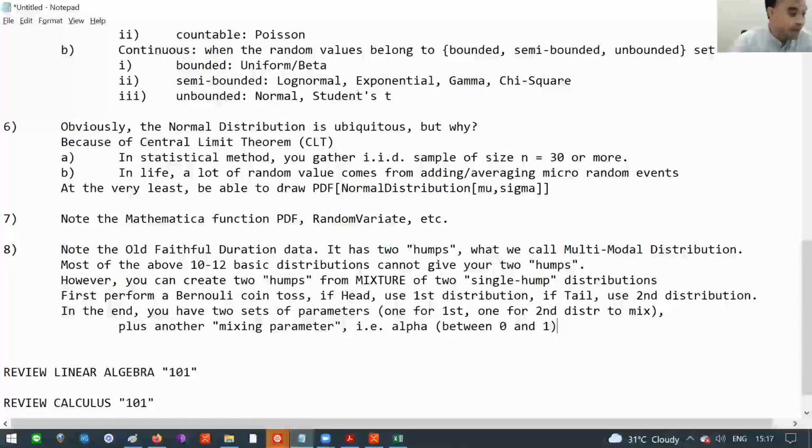So if it's 0, then it's all the second one. If it's 1, then it's all the first one. If it's 50-50, then it's between. So this just increases the number of parameters, but you can do it.